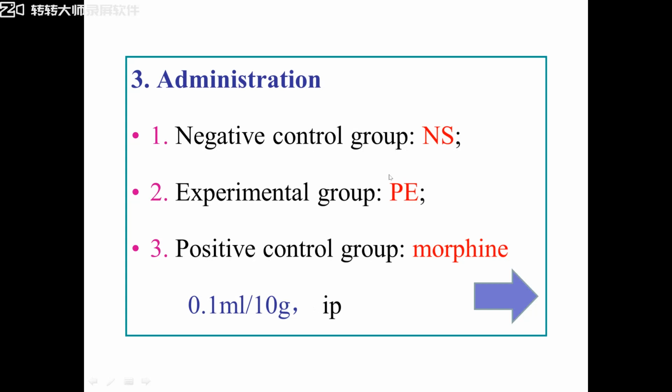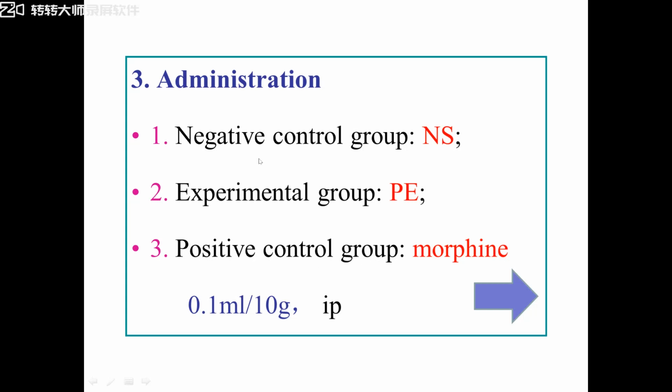The second mouse, we will inject PE, and we use this experiment to observe its analgesic action. Same administration method, intraperitoneal injection. For each 10 grams, we give 0.1 milliliter of PE. The third mouse, we will inject morphine as the positive control group.